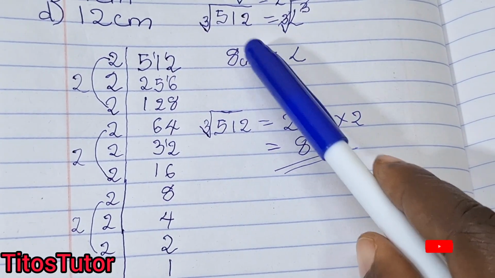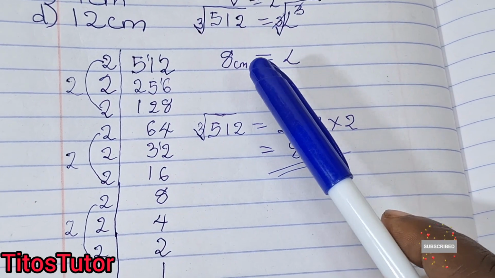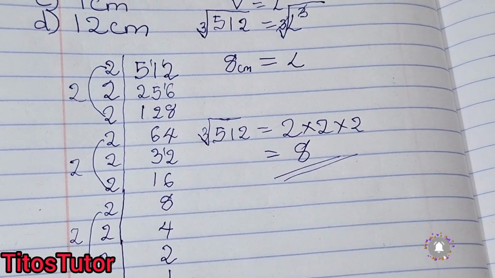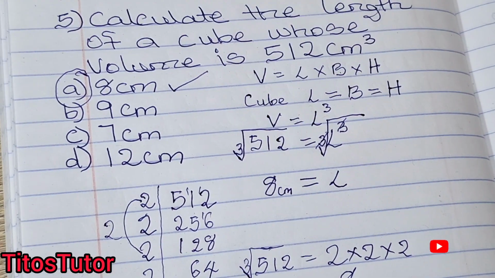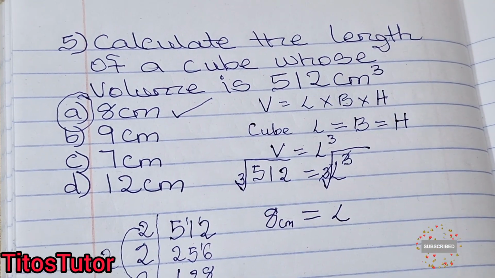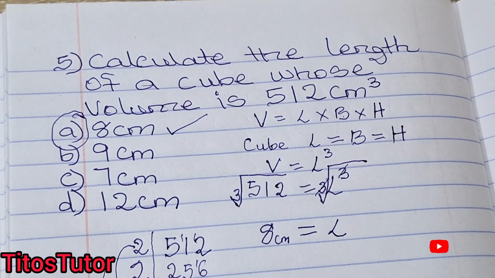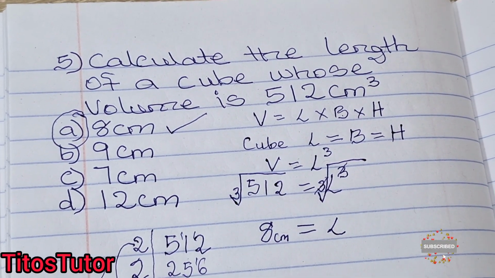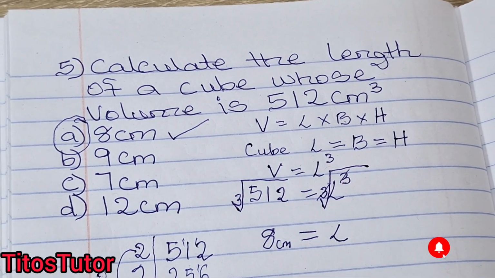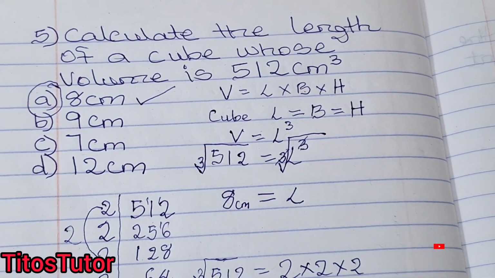And that's how to get a cube root of a large number you cannot remember. So the volume of 512 has a length of the cube to be 8 cm, and you are done.